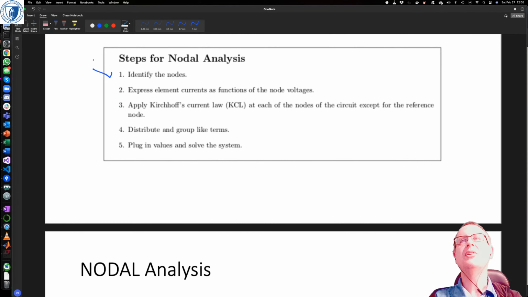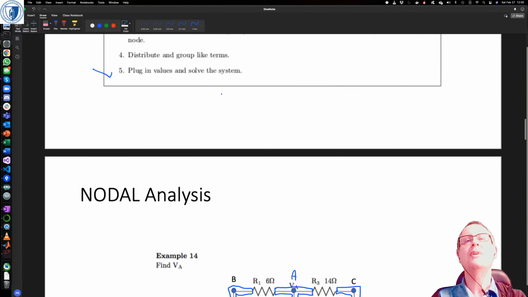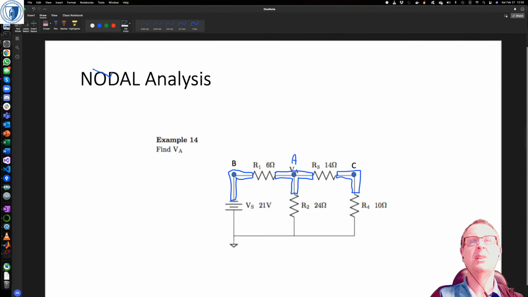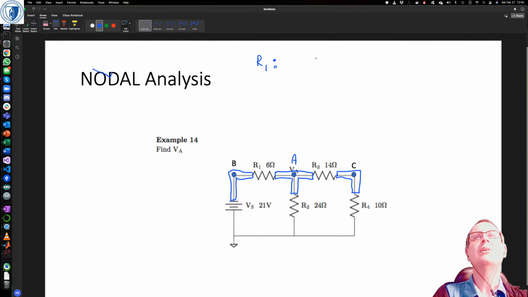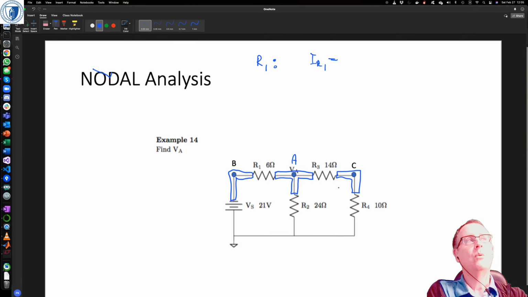Now we need to express the element currents as functions of the node voltages. The elements are the resistors, right? So IR1. What we haven't done is define the direction of the currents, so I'm going to go through and define the direction of the currents now.